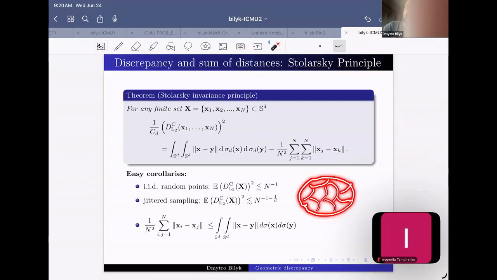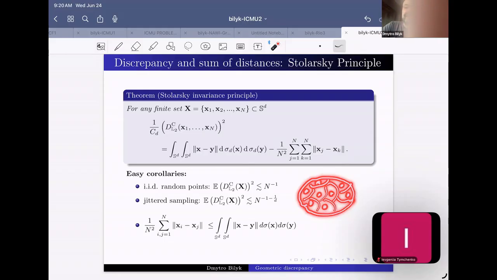If it were in the cube, you could divide it into equal cubes. In the sphere, it's not quite possible, but you can construct things that are almost equal. And then you put one random point in each piece. So the points are independent and random, but each one lives in its own piece. In this way, you avoid clustering or big gaps.